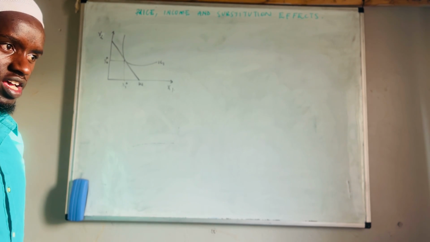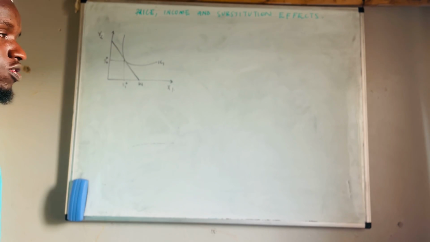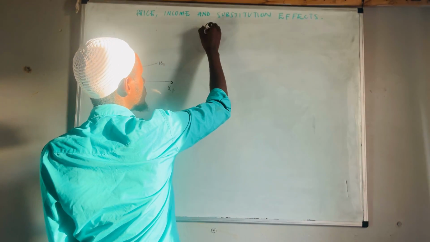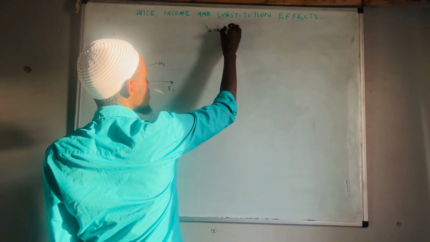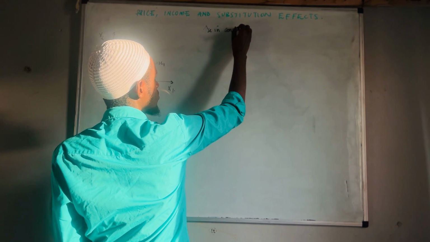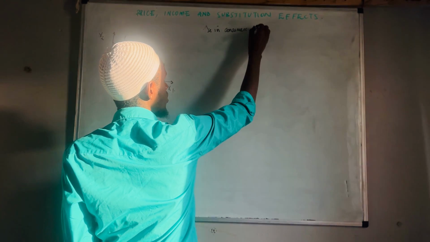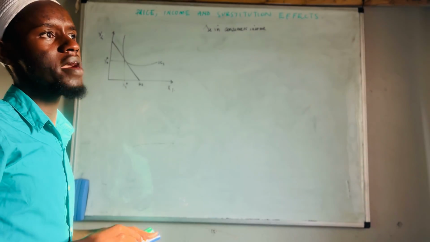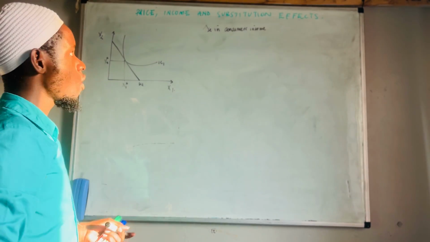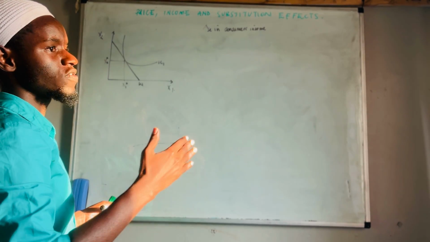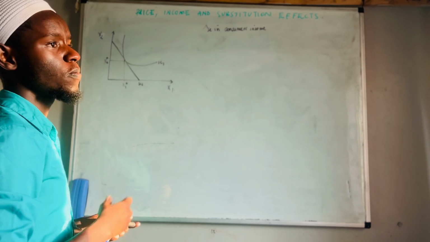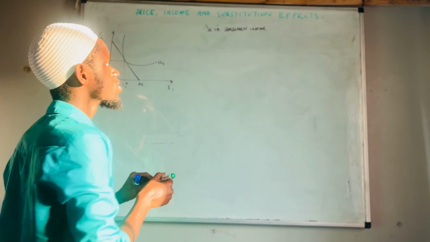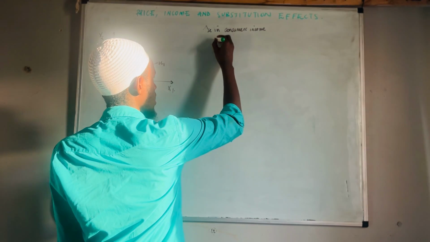Now, members, let us first take a case of an increase in the consumer's income. What will happen? An increase in consumer's income just shifts the budget line outwards, or a decrease in consumer's income shifts the budget line inwards, keeping the prices of commodities constant.